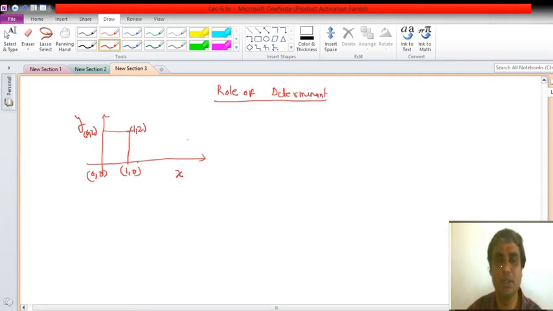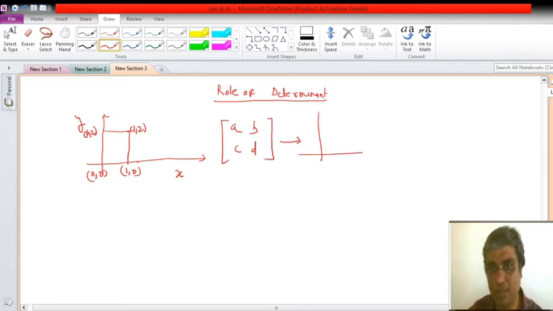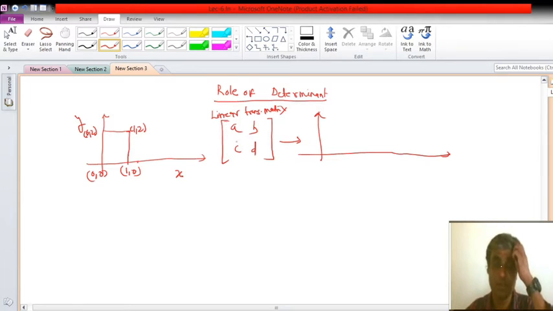Now if I apply a matrix, say A, B, C, D, onto this input signal, what will happen? I am projecting my input over this matrix, which is called a linear transformation matrix. Similarly, the admittance matrix applied on the unknown vector gives the voltage values.